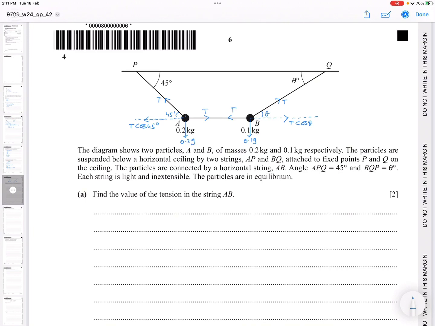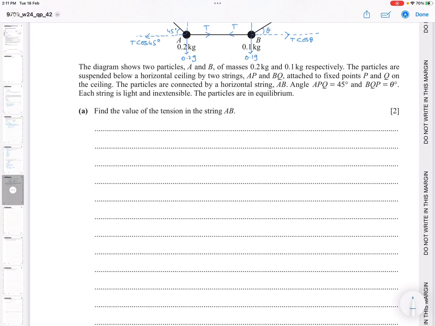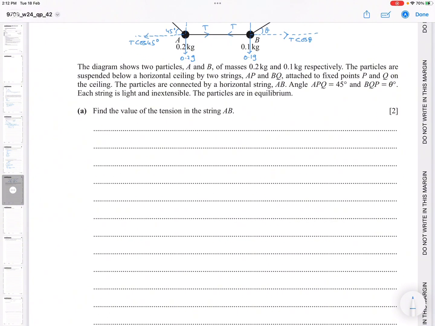So vertically I can write T sine 45 here, and vertically I can write here T sine theta. I think I have written all the forces on the diagram. Now let's solve them. Consider particle A.